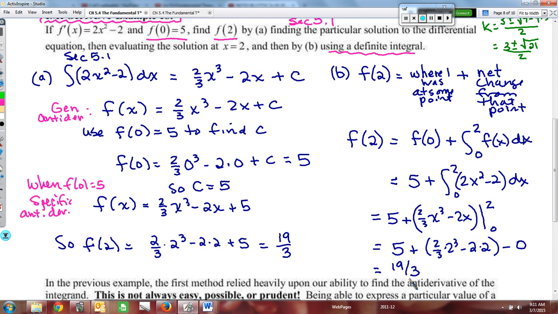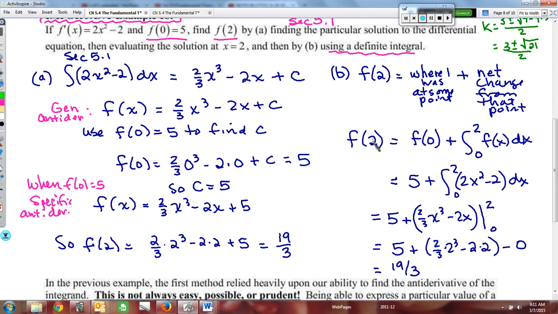So basically with these two processes, in order to find out where I am at f of 2, given an initial condition, I can find the general antiderivative, calculate the constant using the initial condition, and then calculate f of 2.